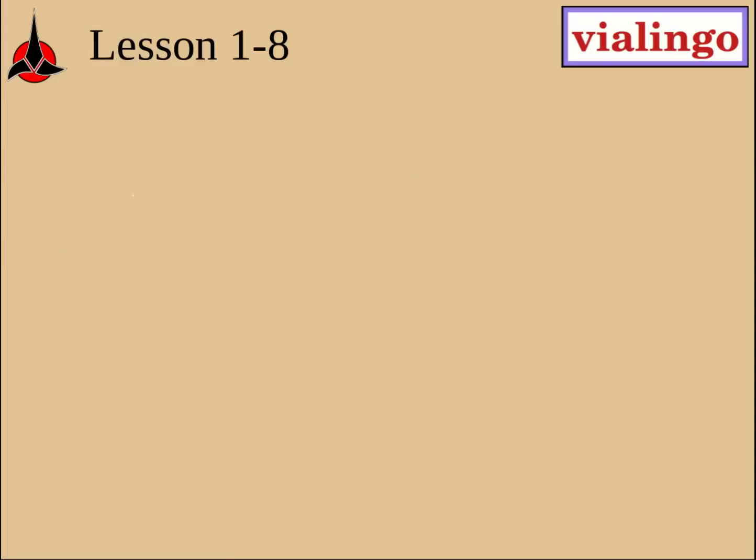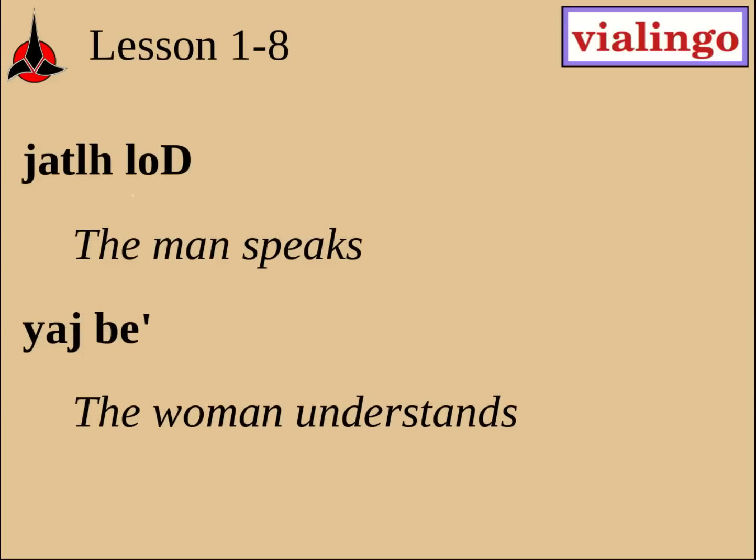Now look at these two sentences. The man speaks is jatlh lord. The woman understands is yaj be. The words and but can be used to join such sentences together.